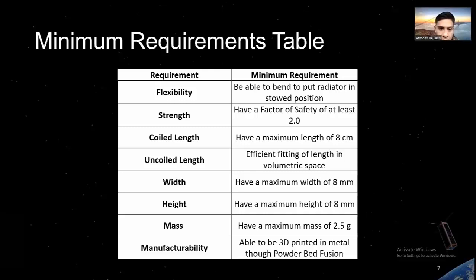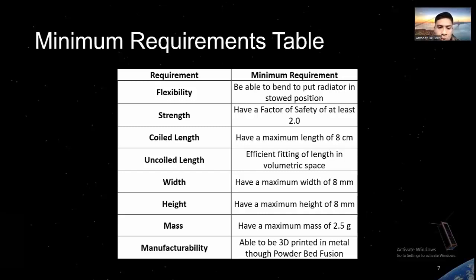To the right of it, there is a brief description of each requirement. Flexibility is an important requirement because we need our hinges to be flexible in order for them to successfully bend and to put the radiator in a stowed position.